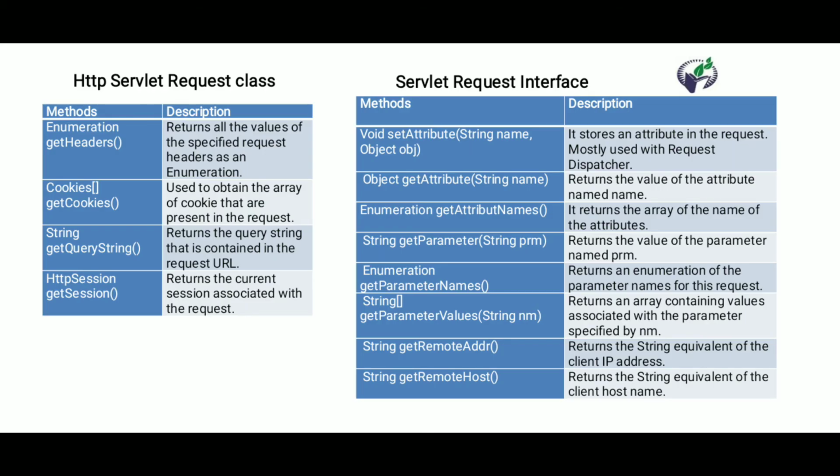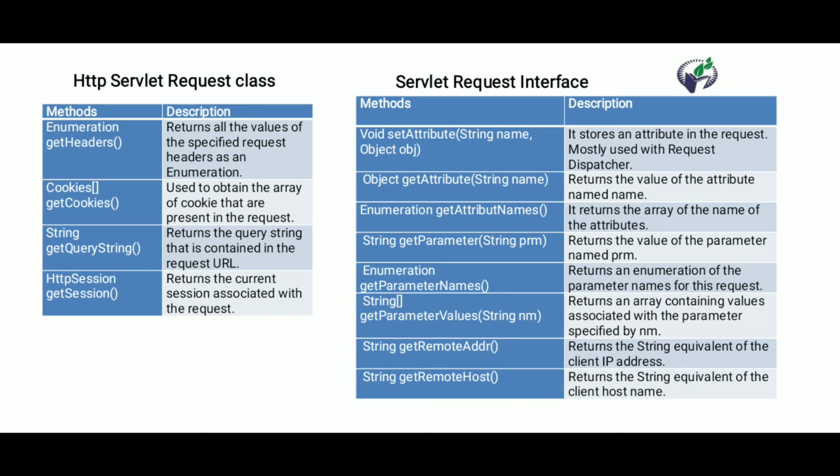Now there are some classes and interfaces used to handle this request and response, and some methods are also defined in the classes and interfaces. So the first one is the HTTP servlet request class. It contains the get headers method, get cookies method, get query string method, get session method.